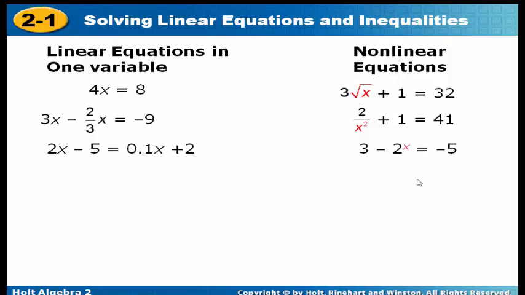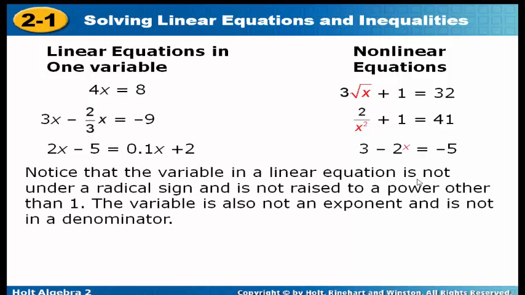So all of these equations are non-linear. Notice that the variable in a linear equation is not under a radical sign and is not raised to a power other than 1. The variable is also not an exponent and is not in the denominator.